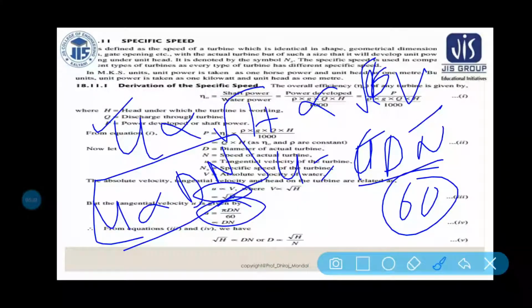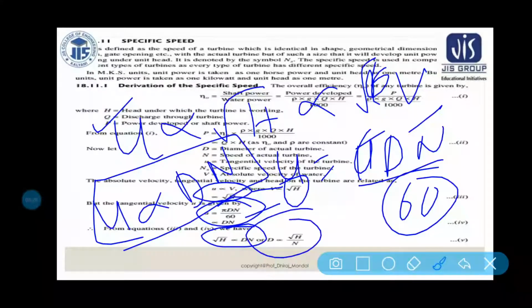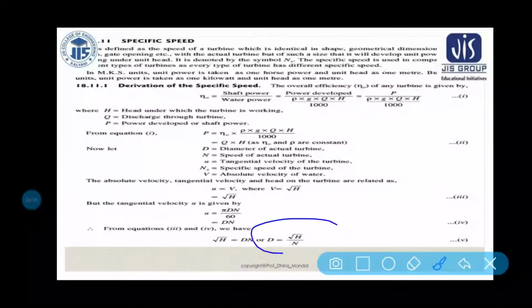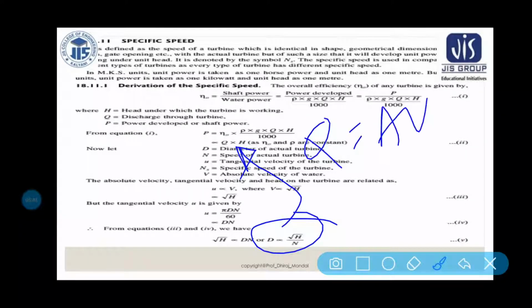From these two equations, root over h is proportional to DN, so D is proportional to root over h by N. This is equation number 5. We need this when we put in the value, since Q is equal to area into velocity, and area is equal to pi by 4 D square.